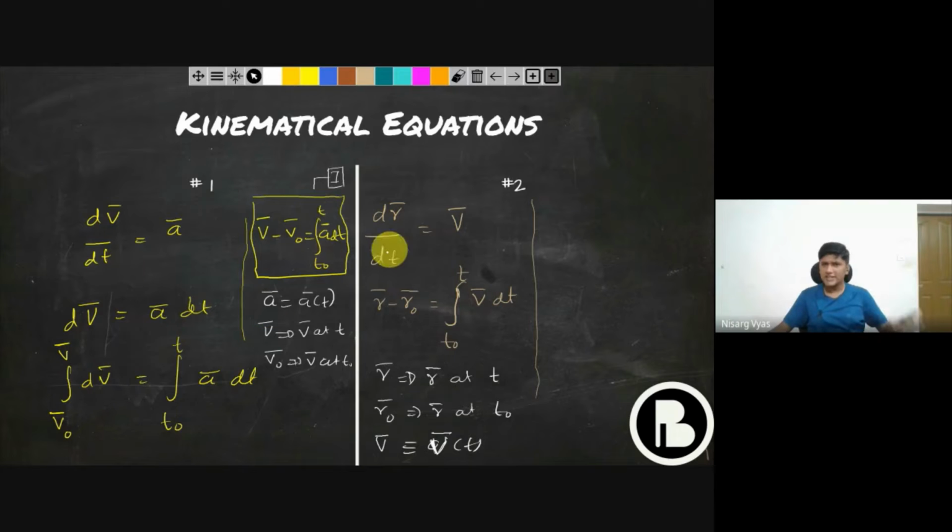Are you following these integrals and all those things? One way of looking at it is that I can see this for one component. So you can see this for dvx by dt equal to ax. You realize that ax can also be a function of time.